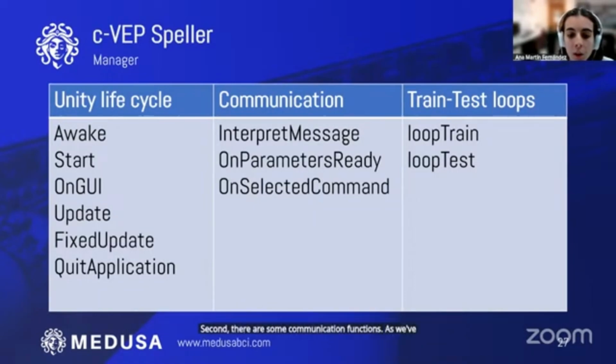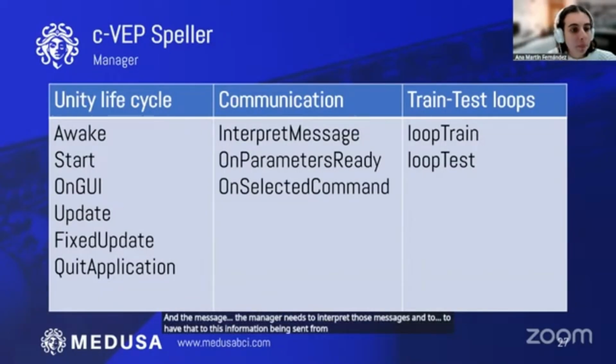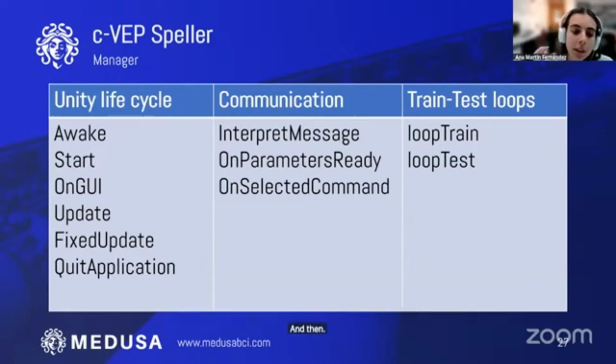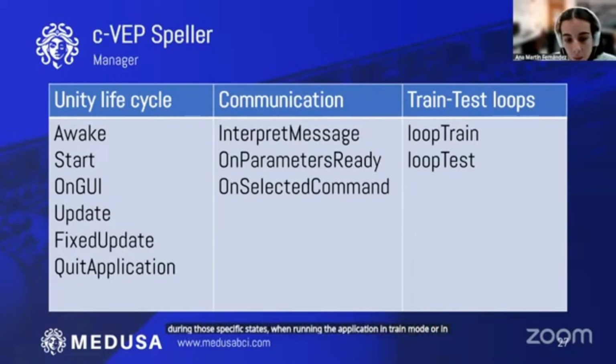As we've seen, configuration and all the processing is handled within Medusa in Python, so Unity needs to communicate with this server, and the manager needs to interpret those messages and adapt to the information being sent from the platform. And then we have the train and test loops that will organize the application behavior during those specific states when running the application in train mode or in test mode or online mode.